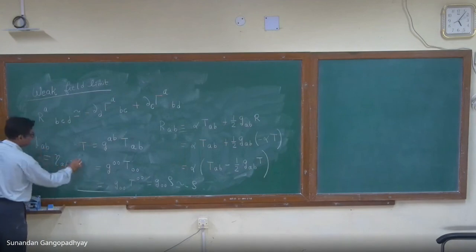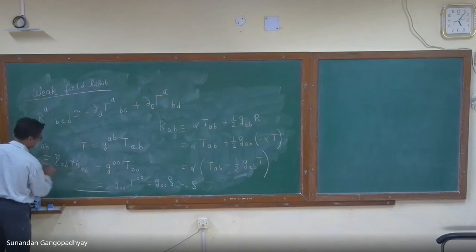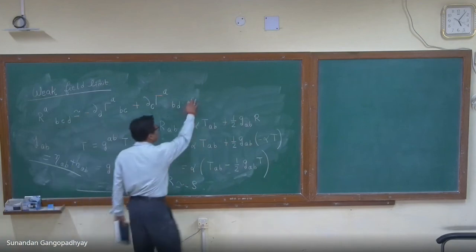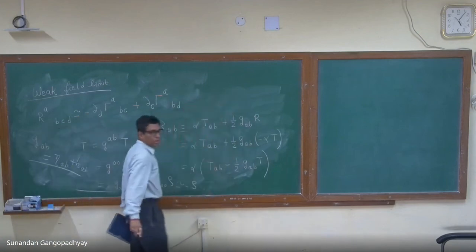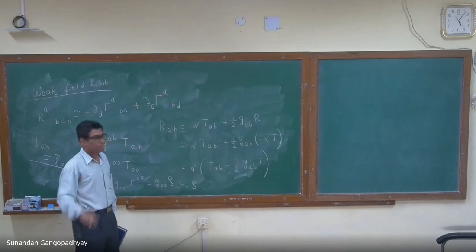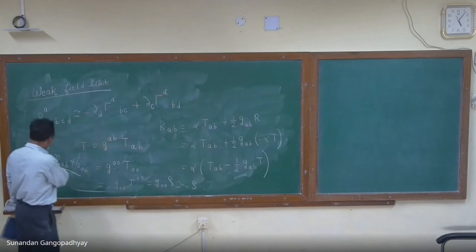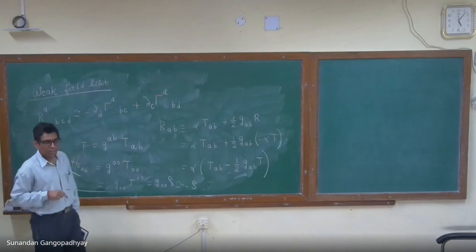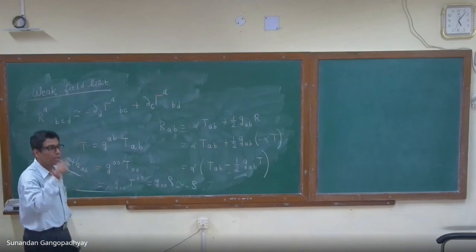Remember I wrote down this equation once of the weak field limit. This is h. So if you calculate this, there are two terms which involve the products of gammas. If you use g_AB equal to this, you know gamma is a derivative of g, right? So gamma is proportional to h.